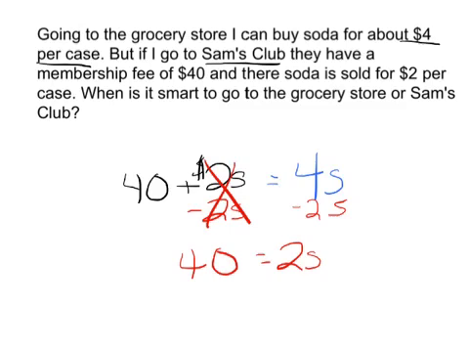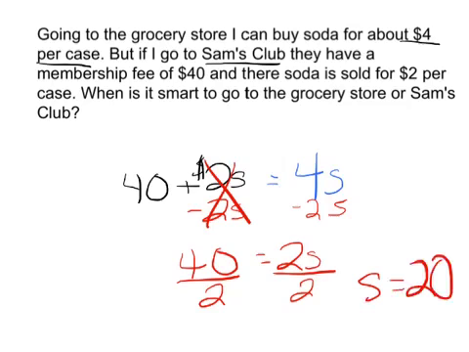Last, we can isolate this variable by dividing by 2. So I know S equals 20. When I buy 20 cases of soda, it doesn't matter whether I go to the grocery store or Sam's Club. When I buy 20 cases, it's going to be the same.